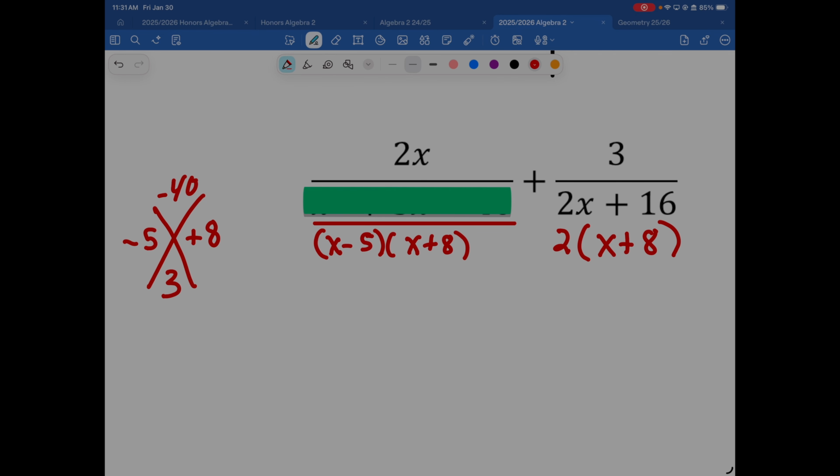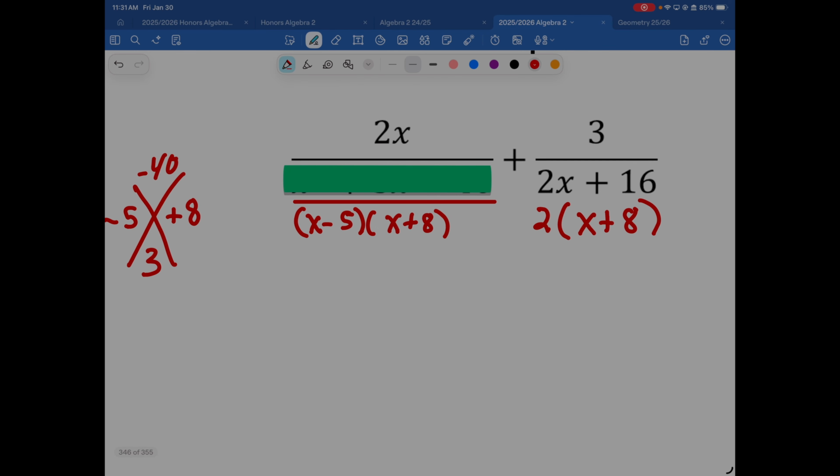Now I start on the left-hand side. We've got everything factored. Now we start on the left-hand side and we just start writing. So we've got x minus 5. We've got x plus 8. I go to my second term. There's a 2 there. Now, just for ease of purposes, I'm going to put the 2 right there.